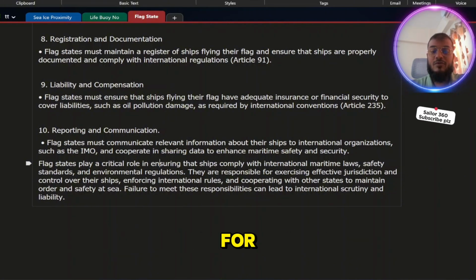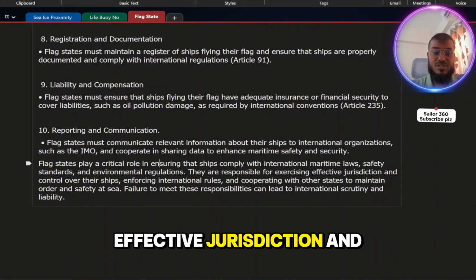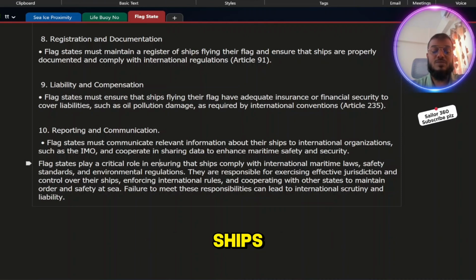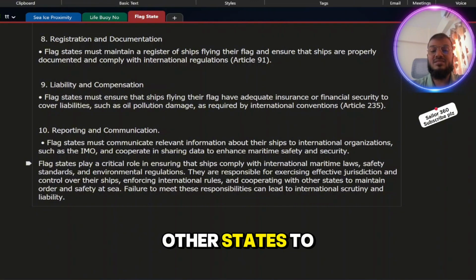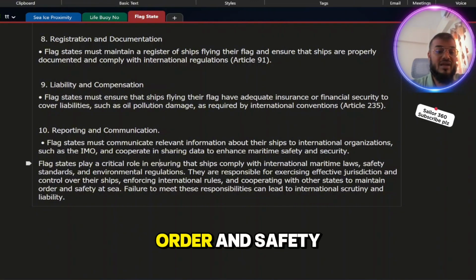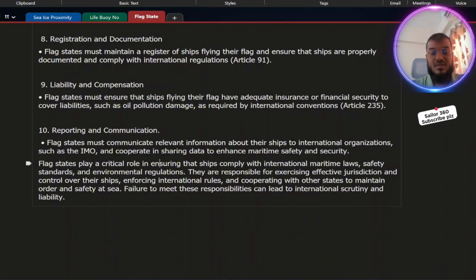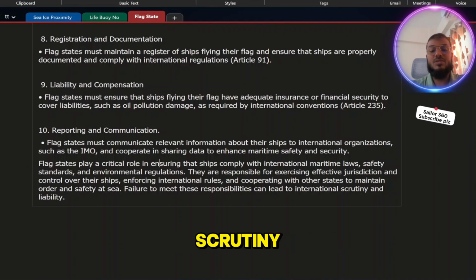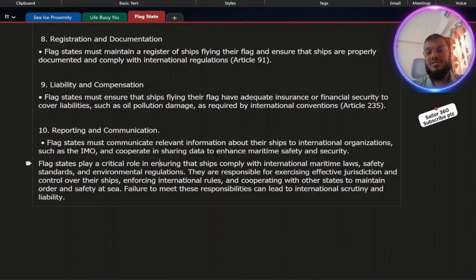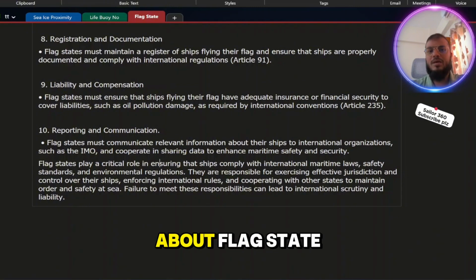They are responsible for exercising effective jurisdiction and control over their ships, enforcing international rules, and cooperating with other states to maintain order and safety at sea. Failure to meet the responsibilities can lead to international scrutiny and liability. So that's all about flag state.